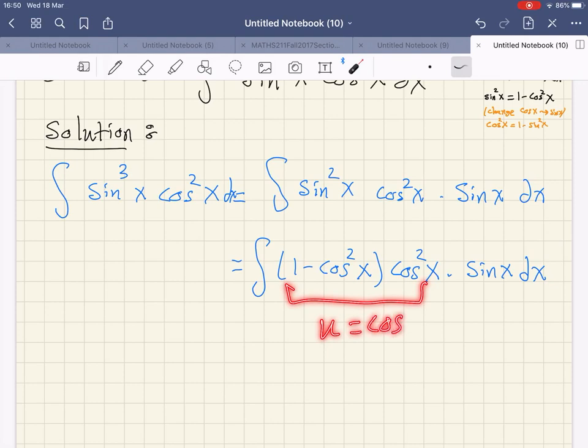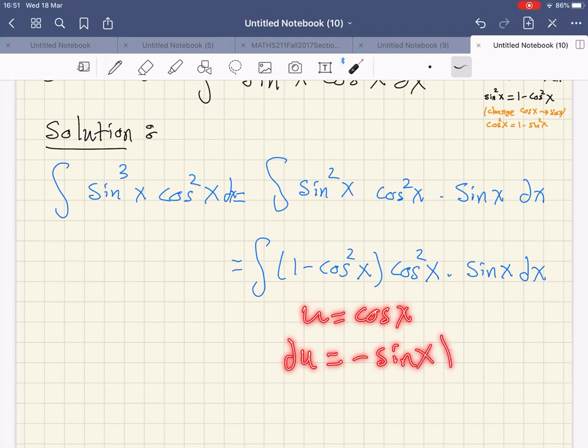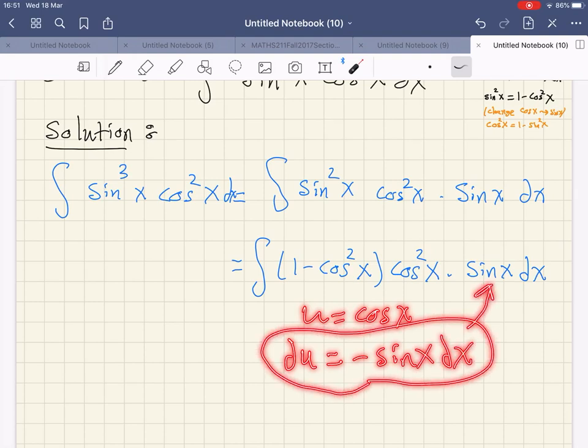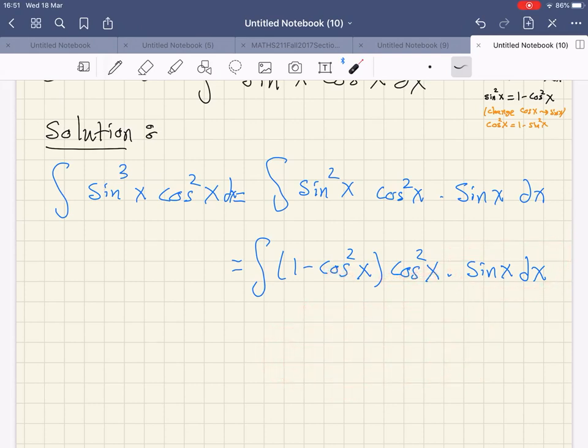I will write u equals cosine x. Why do I do u equals cosine x? Because what is du? It will be negative sine x dx, which is exactly this one. That's the idea. It's a function times its derivative.